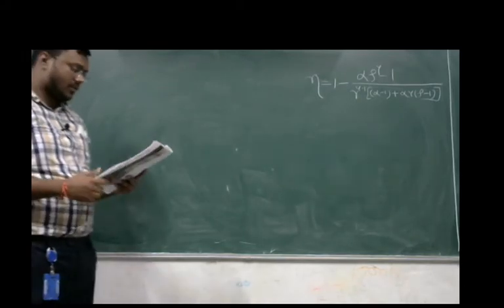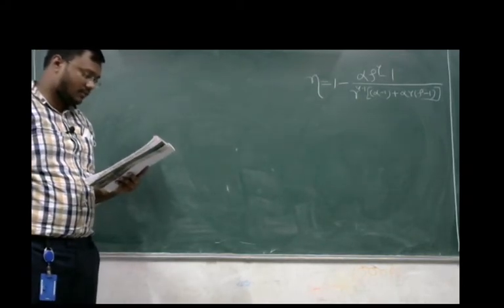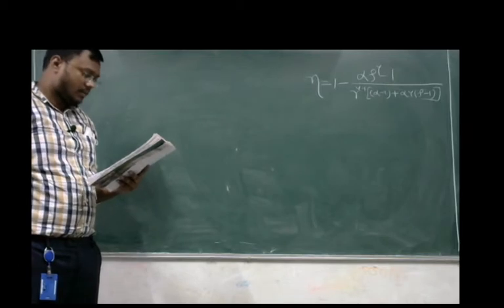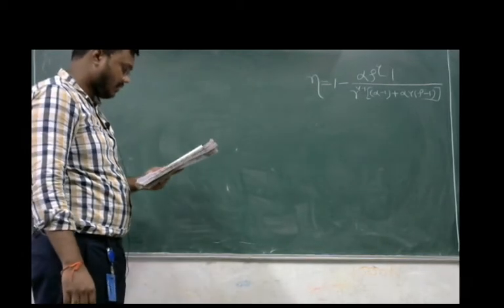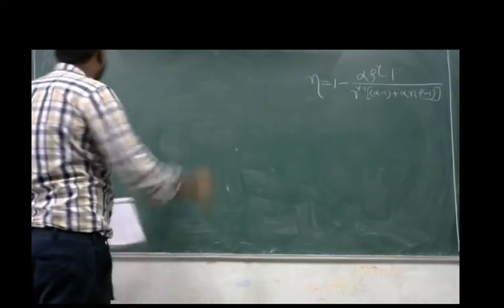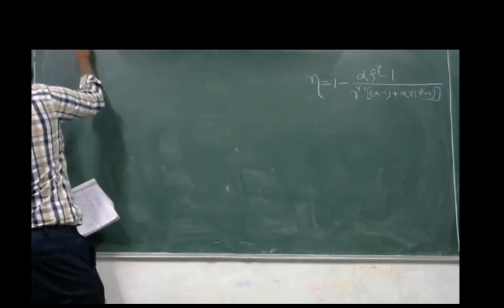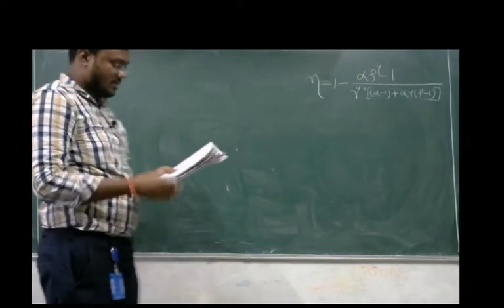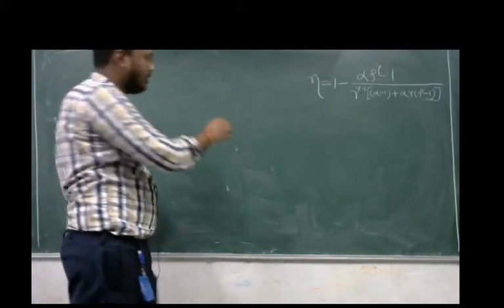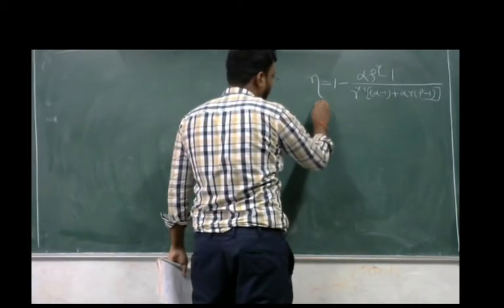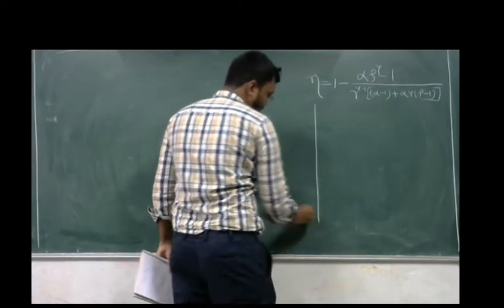So the question is: an engine works on a dual cycle, and the pressure and temperature at the beginning of compression are given, 1.03 bar. First I'm drawing the diagram so that you can easily understand what data is given in the question.